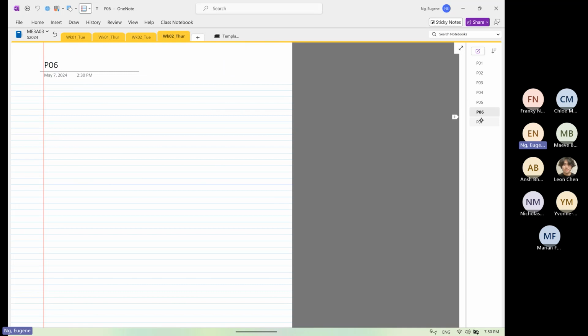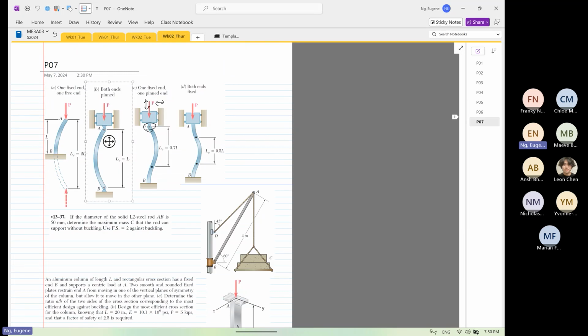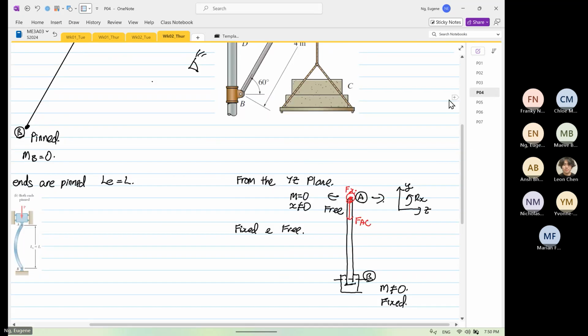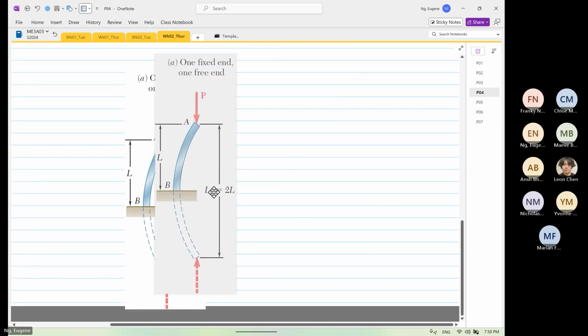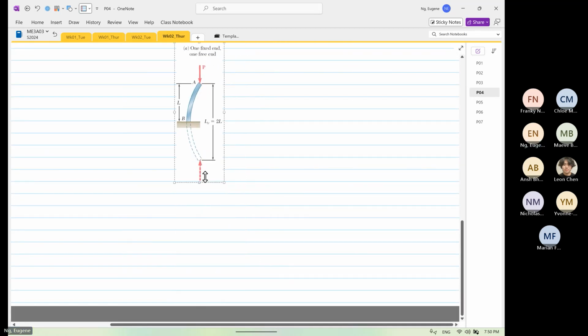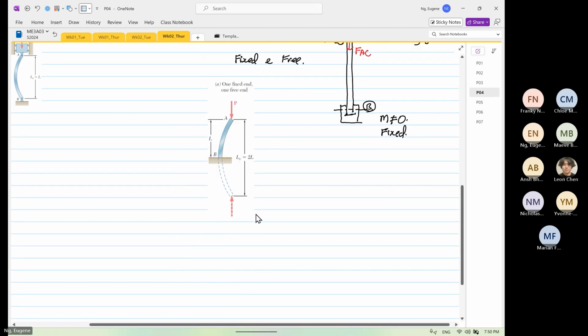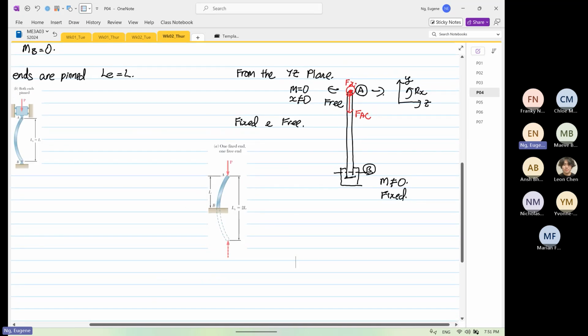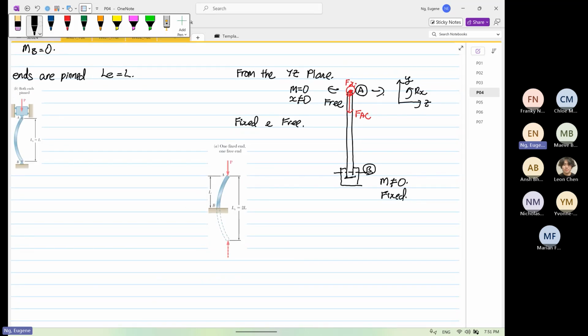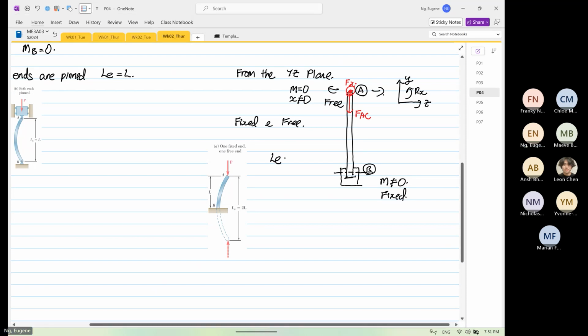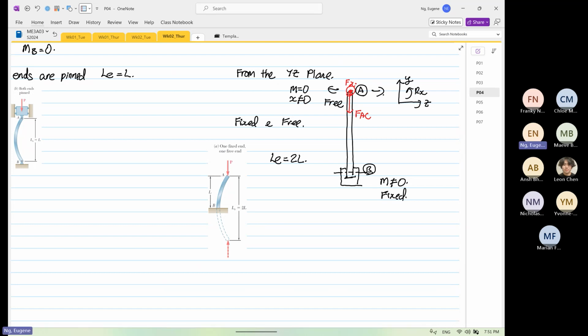If we look over here, one end is fixed and the other one is free. So for this case, LE is equal to 2L.